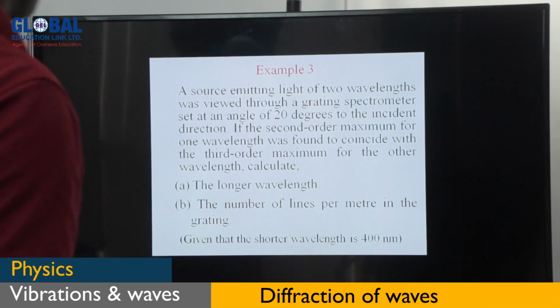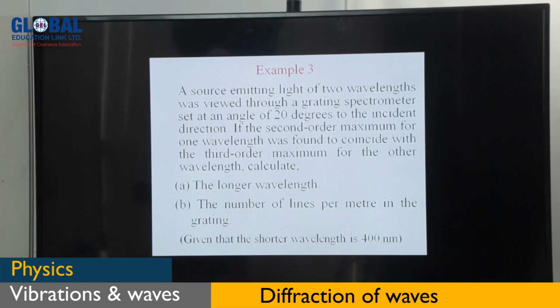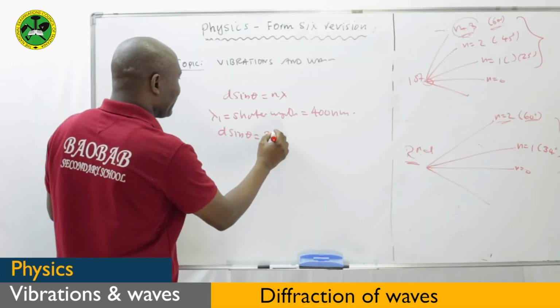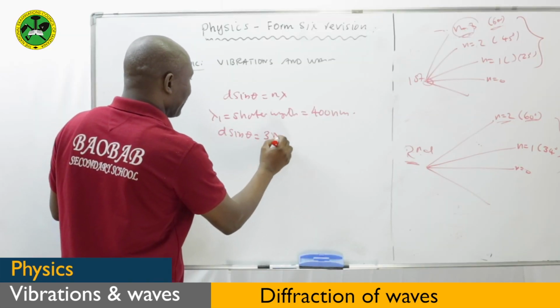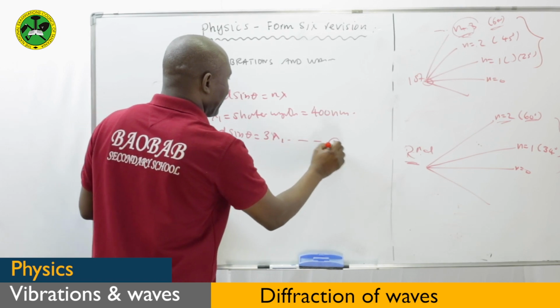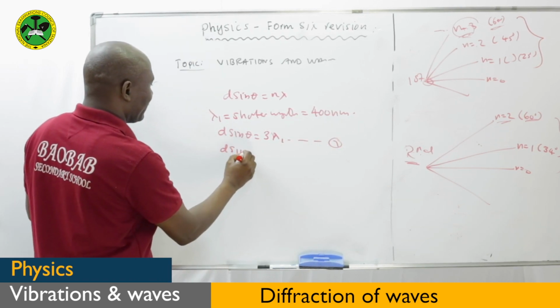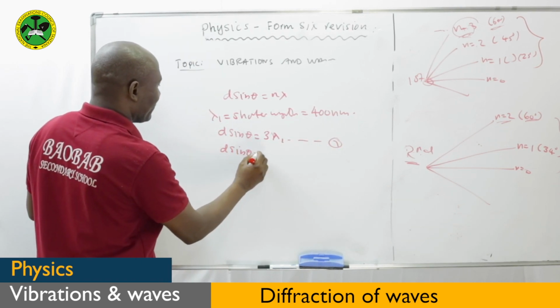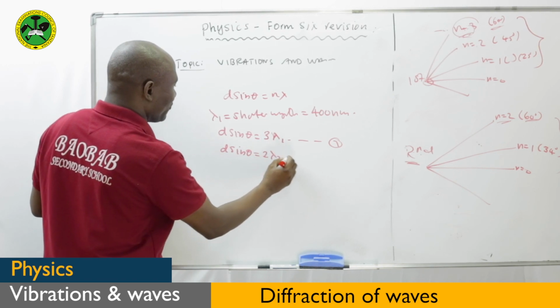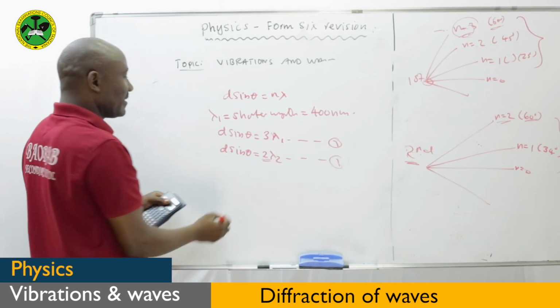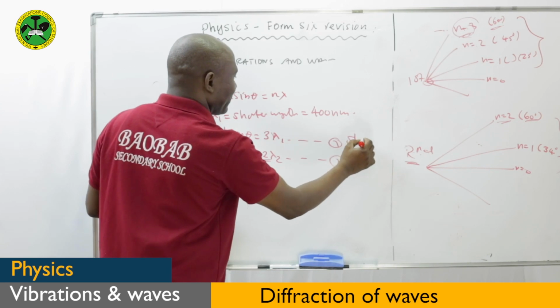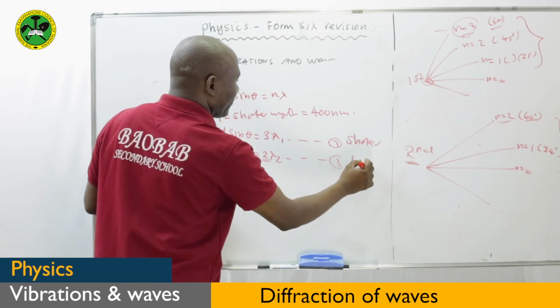The third maximum is the one which has the shorter wavelength. So it will be 3 lambda 1. And then, at this angle, this equals 2 lambda 2. This is the shorter wavelength, this is the longer wavelength.